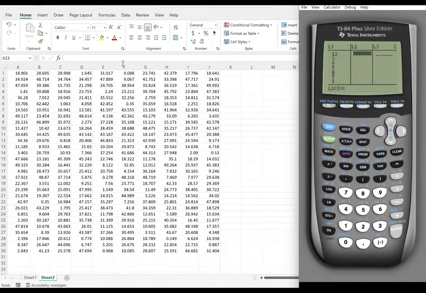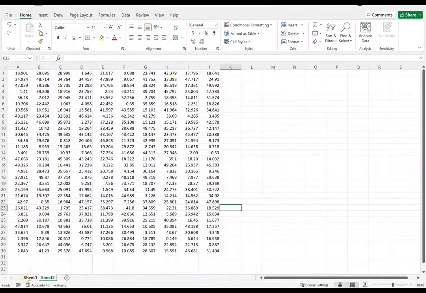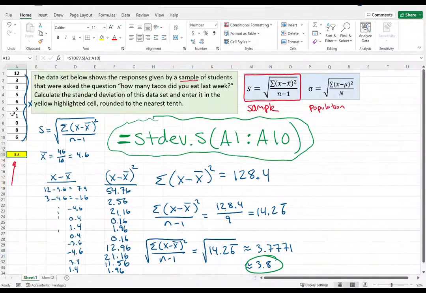Okay, so as I've said in the past, learning how to do statistics on the graphing calculator is useless. Because in real life, in practice, we're not calculating sample statistics for 10 numbers, right?